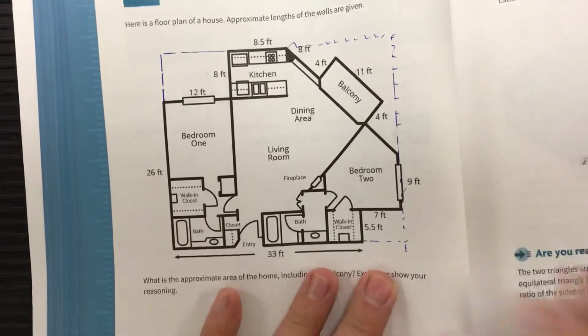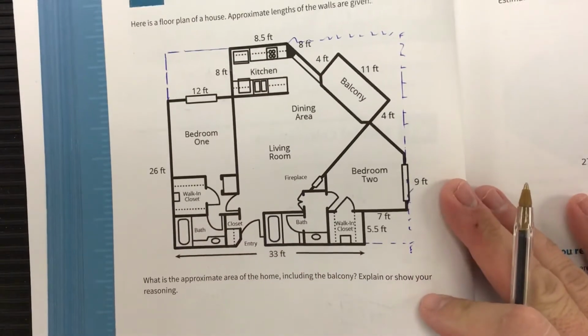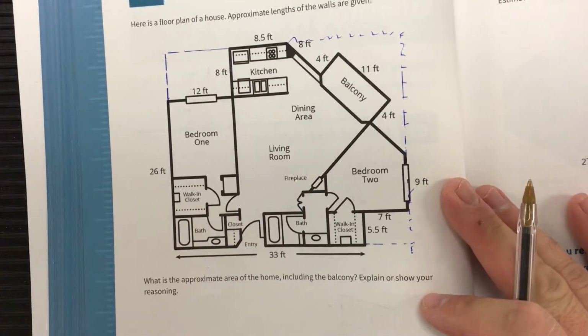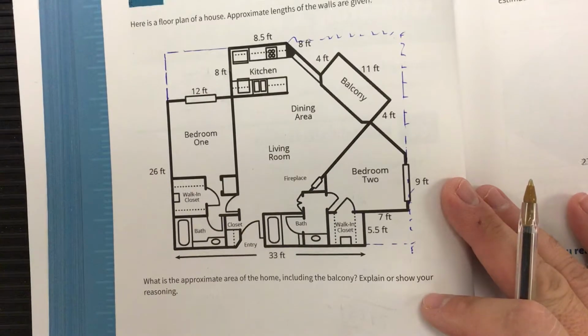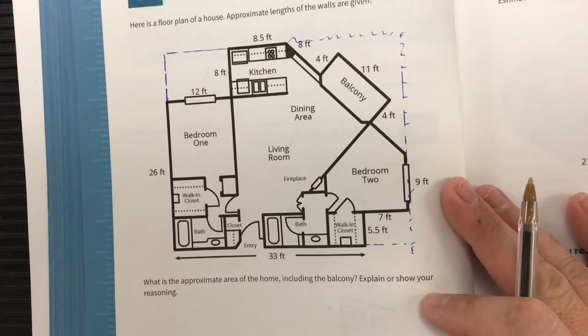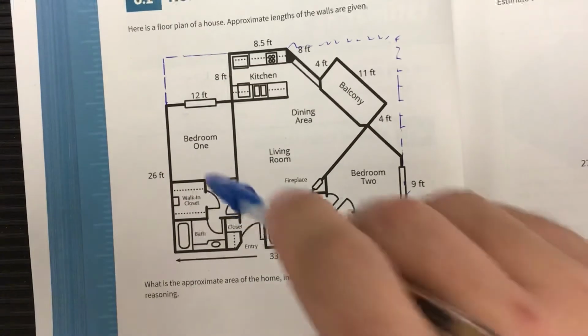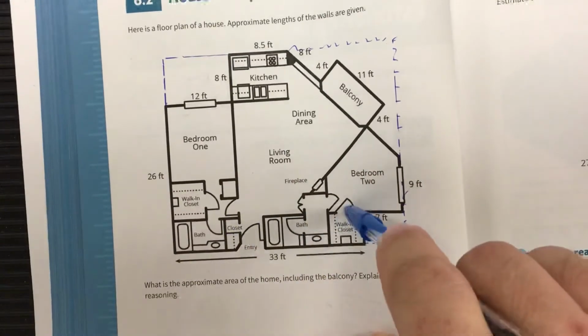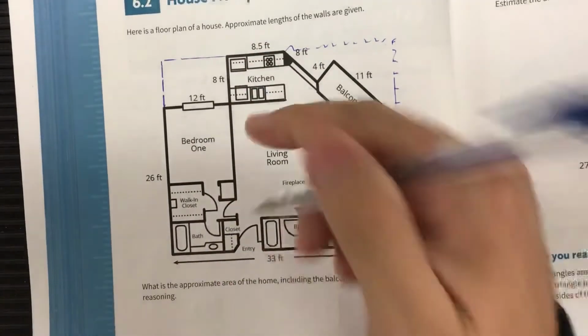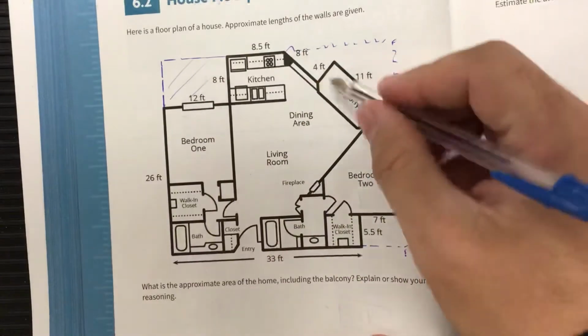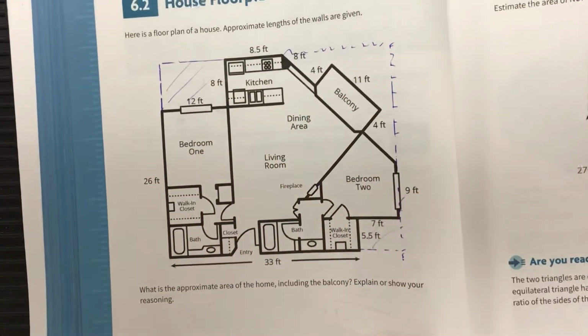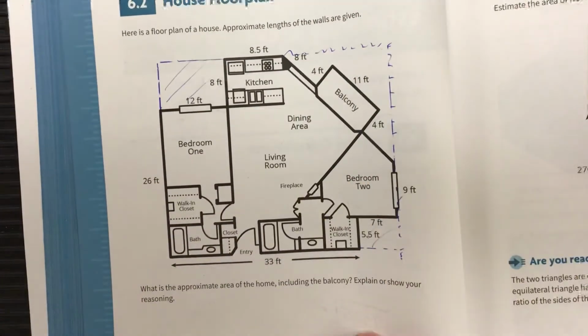Okay, so I just made it one big rectangle. Because instead of figuring out every little piece here, I can figure out the rectangle and subtract the pieces that are missing. And then I only got to figure out 3 of them instead of every room.